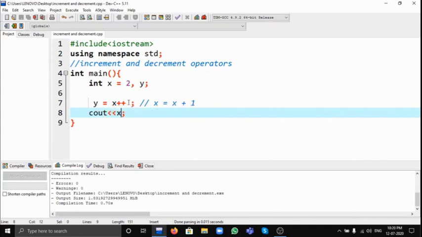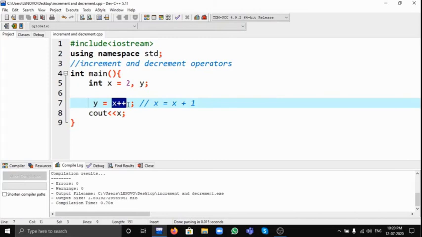So my compiler will first see x and store the initial value of x into y, and after it stores, before moving on to the next statement, it increments the value of x.